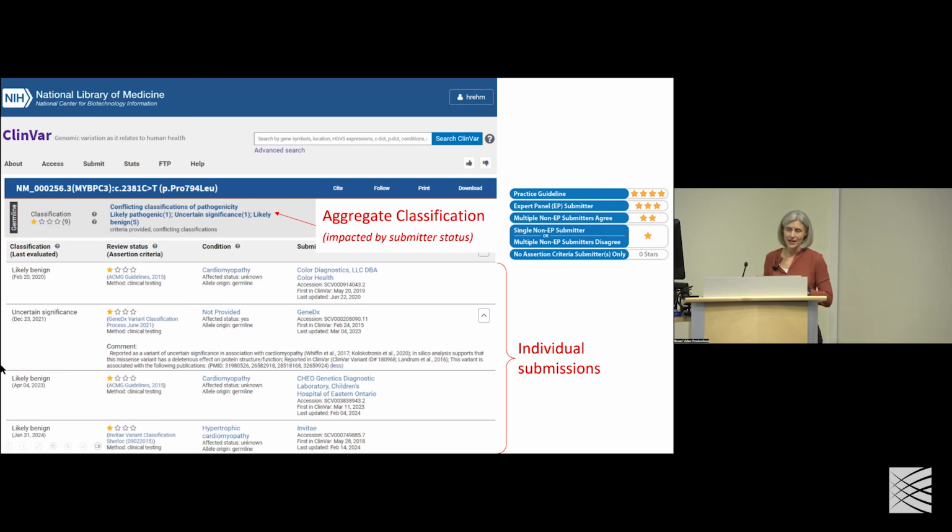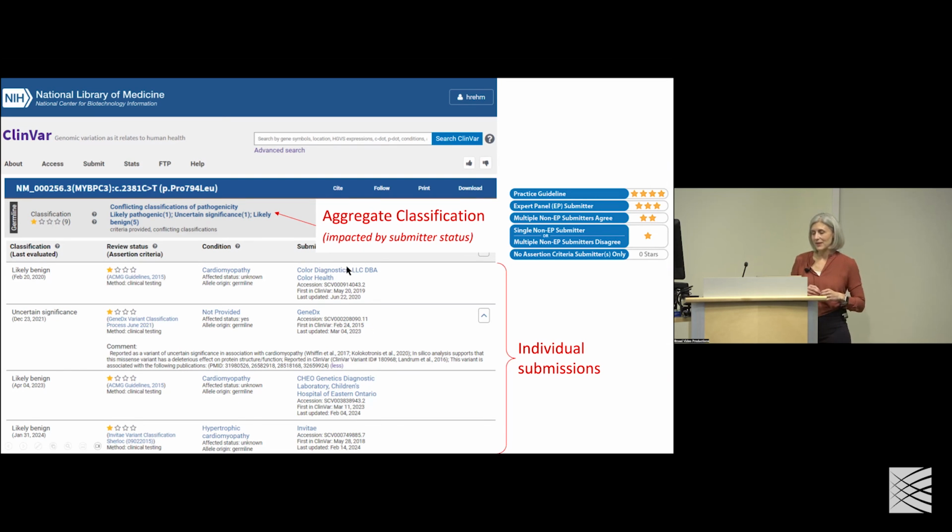There is a star status. One of the biggest problems with ClinVar is that there's not really a quality standard that has to be reached to get your information into ClinVar. So there's very widely varying quality of interpretations within ClinVar, but they've tried to help us to delineate some of that in this star status. If a submitter has 0 stars, that means that submitter has not submitted the classification criteria that they use to classify the variants, so it's hard to know what they're integrating.